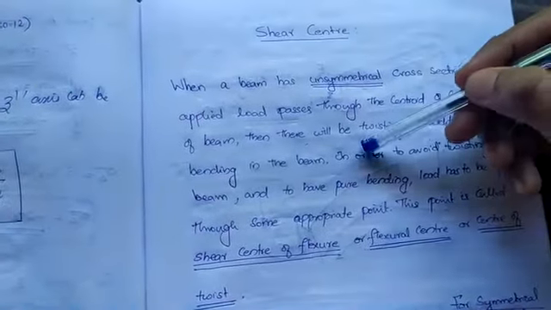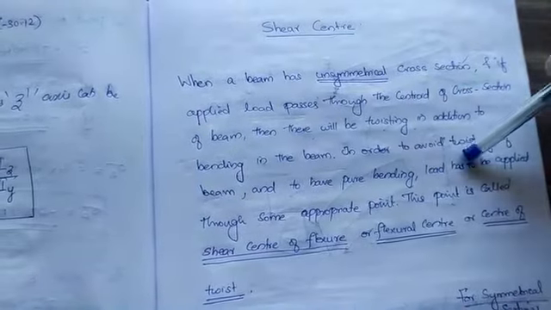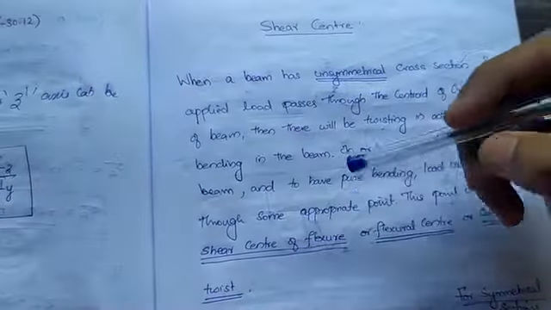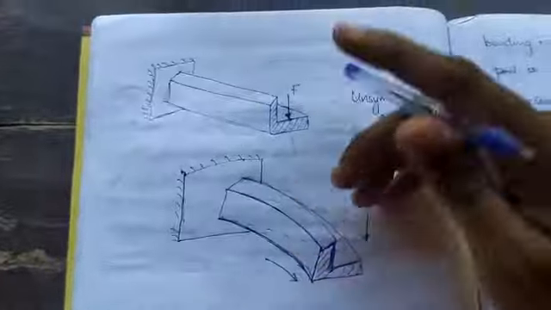In order to avoid twisting of the beam and to have pure bending, load has to be applied through some appropriate point.